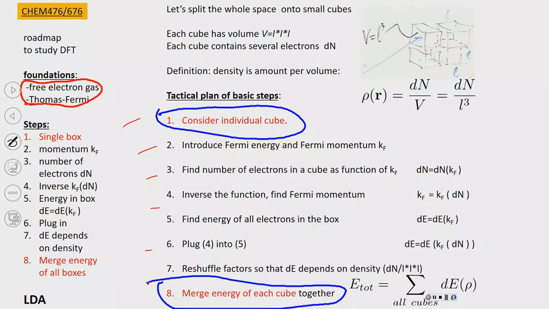Like the walls on the left and right, they also split into squares. Why can't we split our class into cubes? Imaginary cubes. We are not going to actually put any boxes. And then, if we know the number of electrons in each cube and the volume of each cube, then we have density, right? In some sense, we already know density. Now we need energy, which will be a little harder.